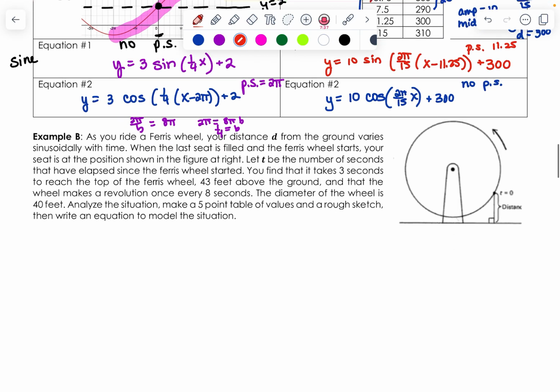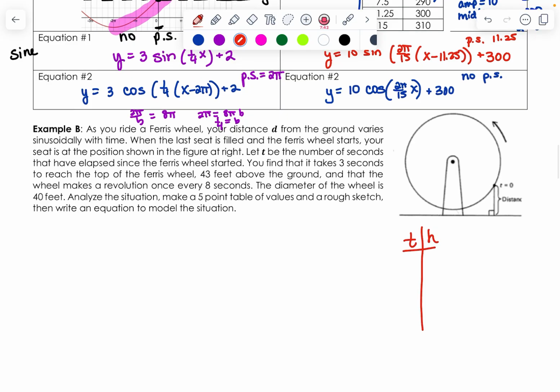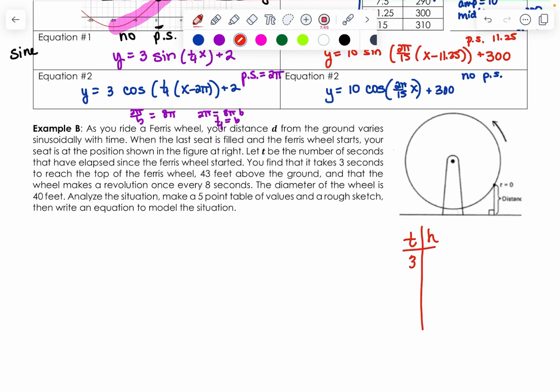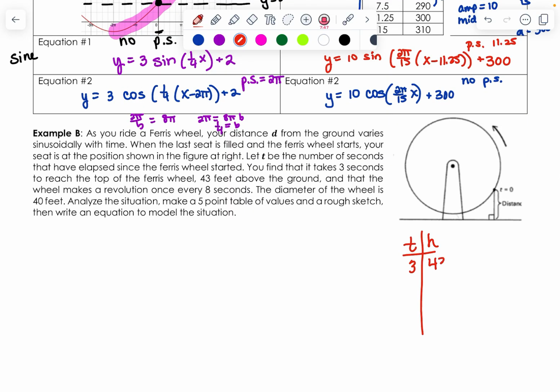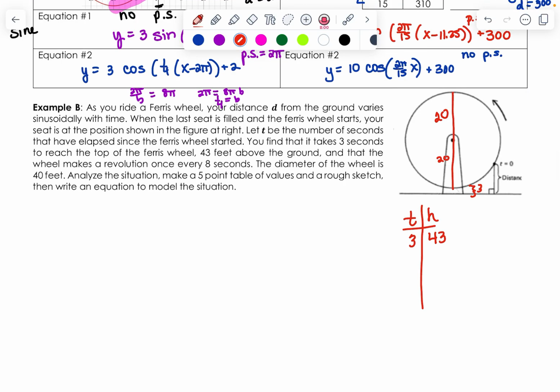You find that it takes, let me make a table here, 3 seconds to reach the top, which is at 43 feet above. The diameter is 40, and this little distance then is 3. It takes a total of 8 seconds, so the period length is 8 seconds.